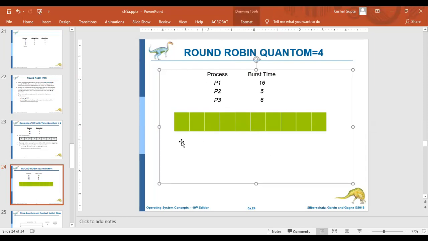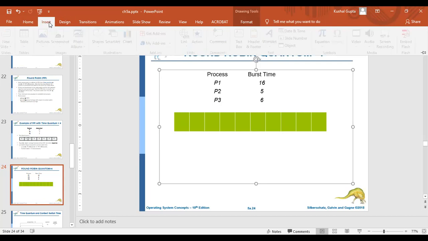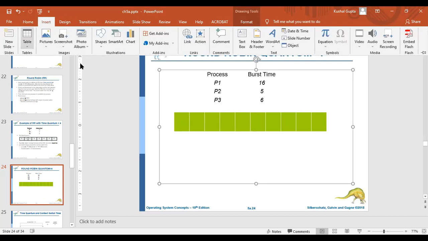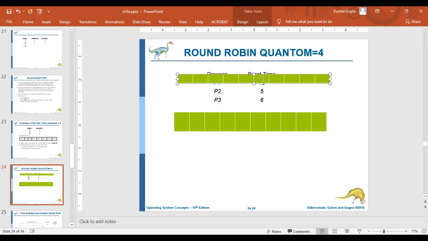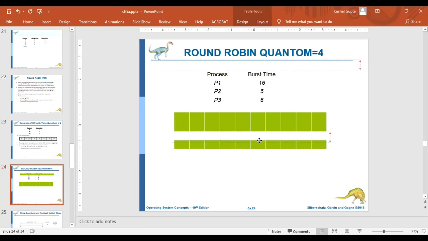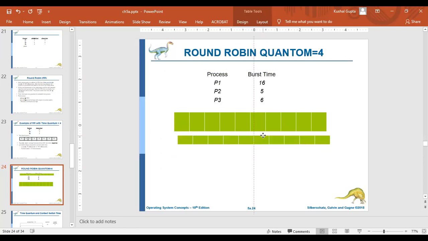So in this starting, which process is going to be run? I'm again maintaining another table. Not required. That is okay.